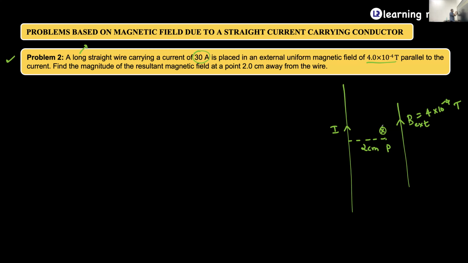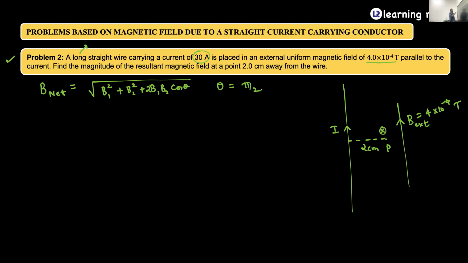So the resultant magnetic field that we are going to write is equal to root of B1 square plus B2 square plus 2 times B1 B2 cos theta. Basically, I applied the parallelogram law of vectors, and the value of theta between both the magnetic fields is pi by 2.